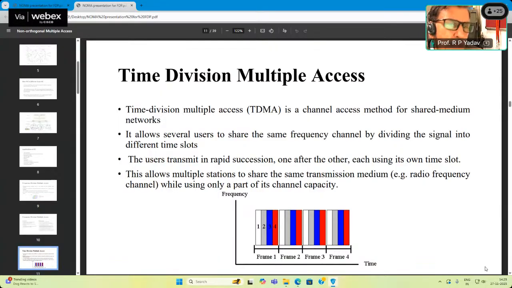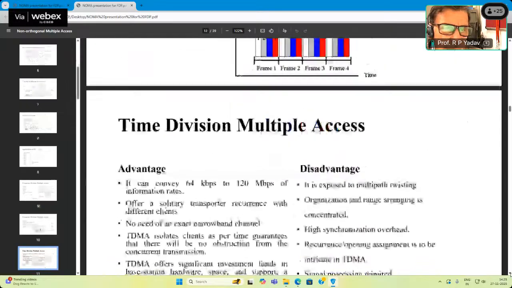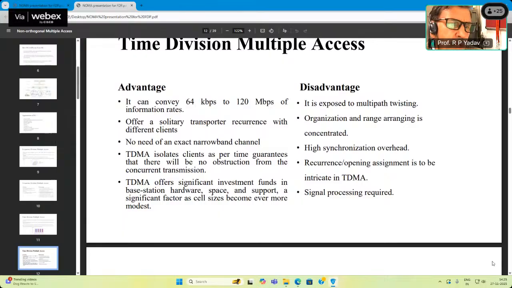Then time division multiplexing: we divide into a number of time slots corresponding to some frequency. Now the advantages: TDMA can convey 64 kbps to 120 Mbps information rates, though of course it depends upon your bandwidth, how much bandwidth you are trying to use for the slot demarcations. It offers a single carrier frequency shared by different clients.